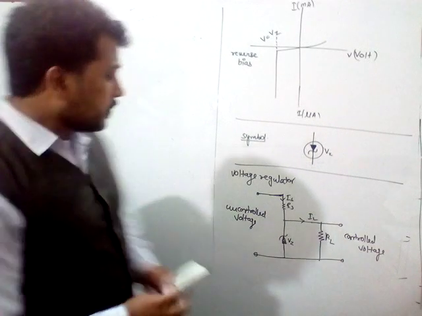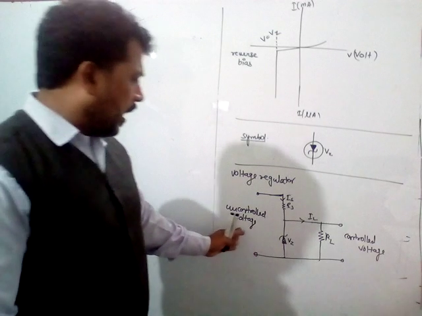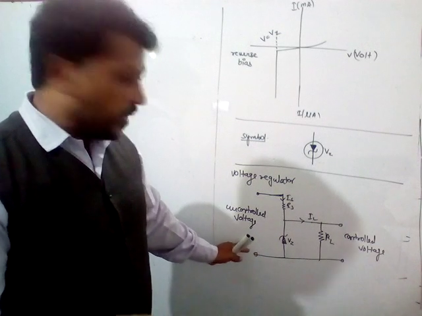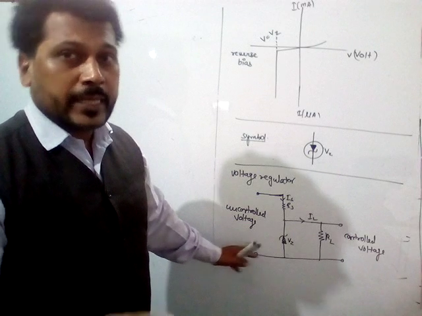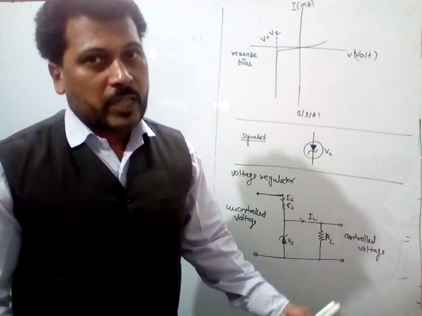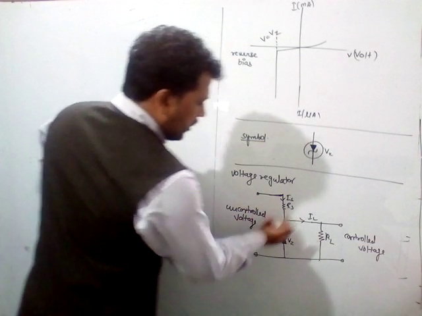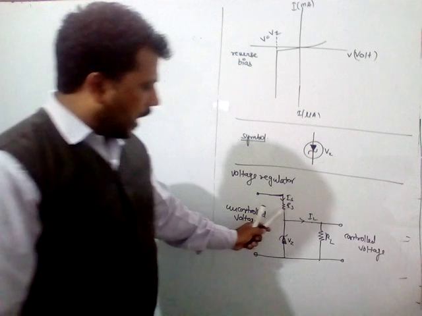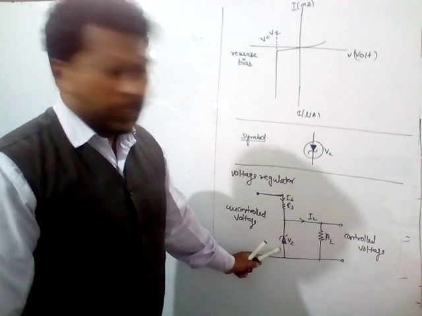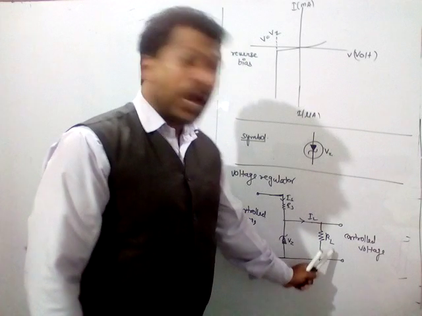You know that if some fluctuation is formed in the uncontrolled voltage, then the output controlled voltage would also have some fluctuated value. So here a series resistor RS is applied in series with the Zener diode, and the Zener is also attached in parallel with the load.